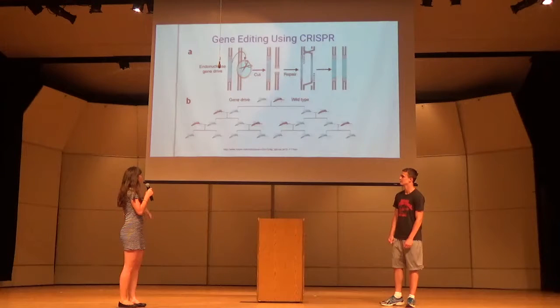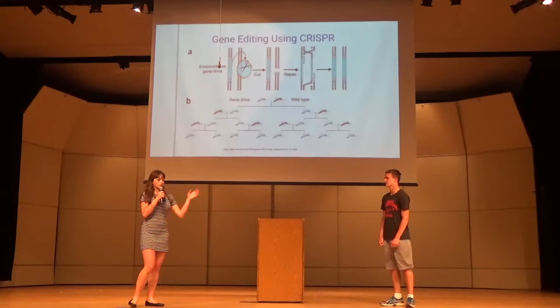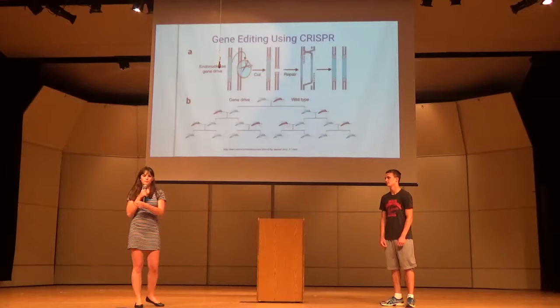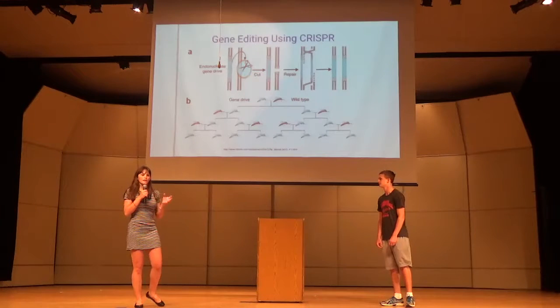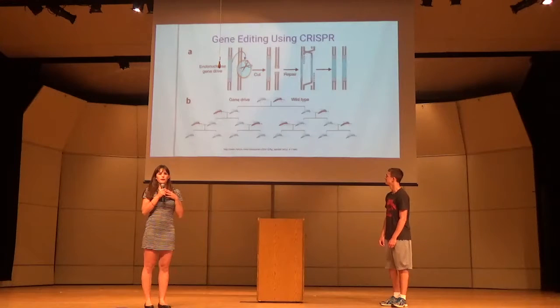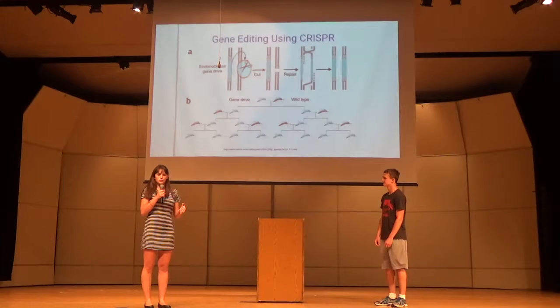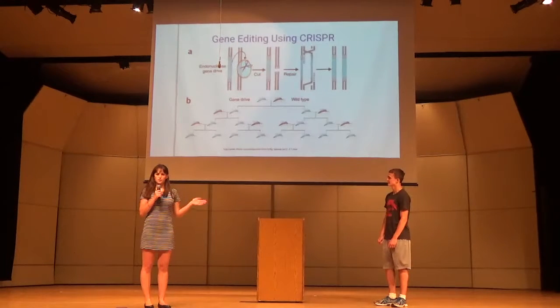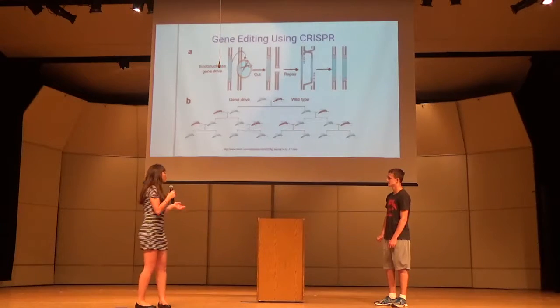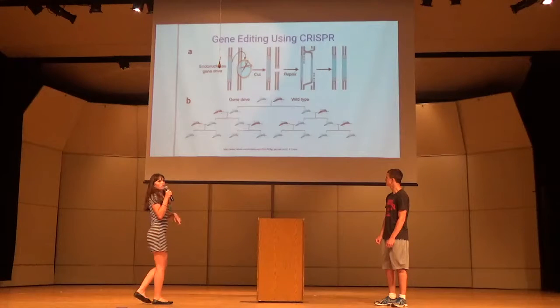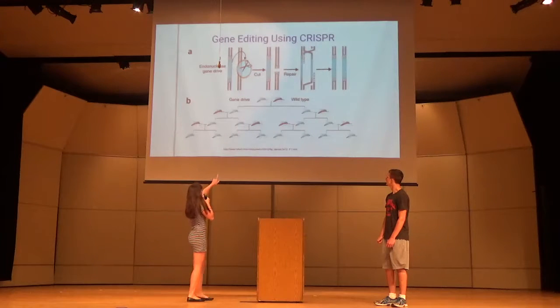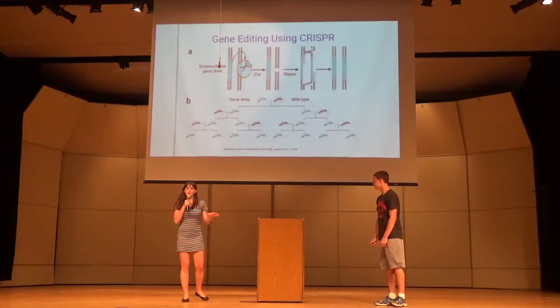You get a gene from your dad, you get a gene from your mom. And so the idea of a gene drive is you want not 50% of the population to inherit the gene, but 100% to inherit the gene. If we look at the blue mosquitoes, let's say the mom is the blue mosquito, and that's the one that wouldn't pass on malaria.